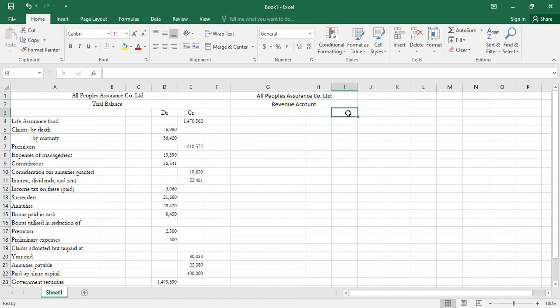The format is in the bottom of how the revenue account is supposed to appear. And I advised that we'll be using the vertical format and not the horizontal or the capital T enlarged. We'll be using the vertical format. So let us start. These amounts will be in shillings.